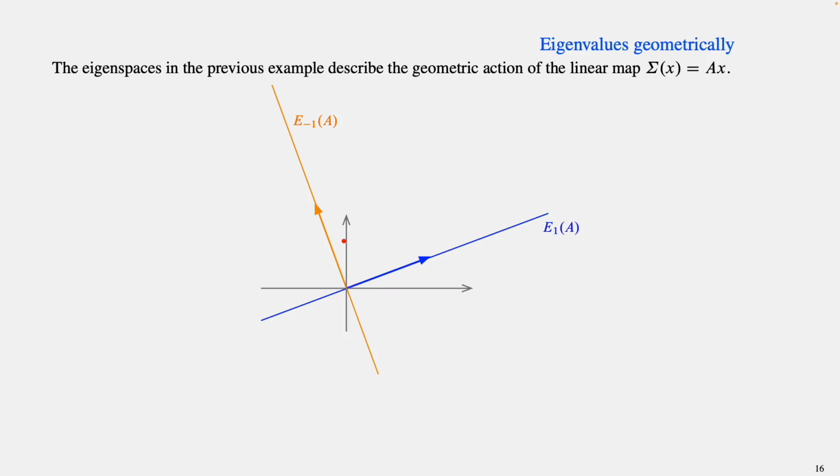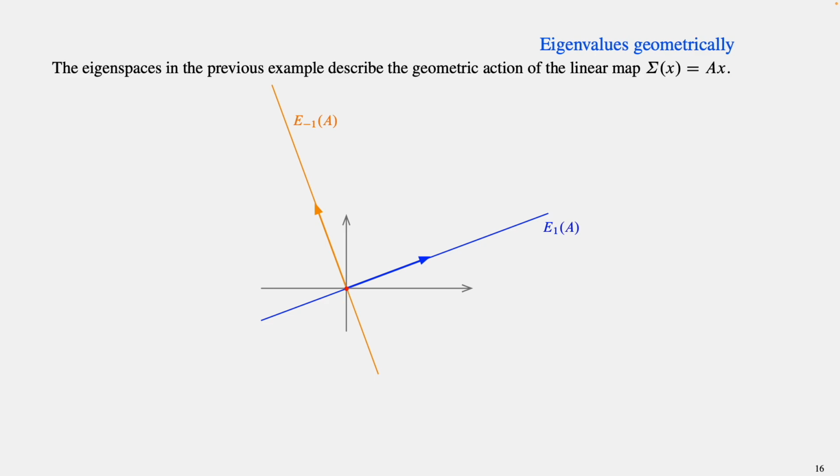Then what happens is every vector on the blue line here will just be mapped to itself because the corresponding eigenvalue is 1. And every vector on the orange line here will be multiplied by -1 and mapped to that. So it will just be flipped over to its negative with respect to the origin.